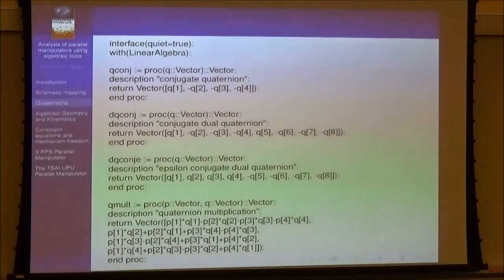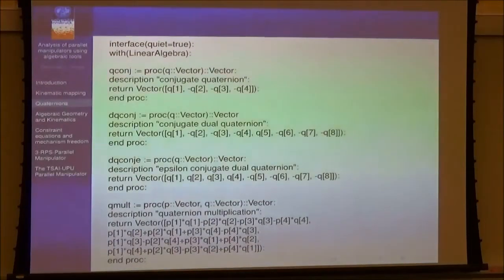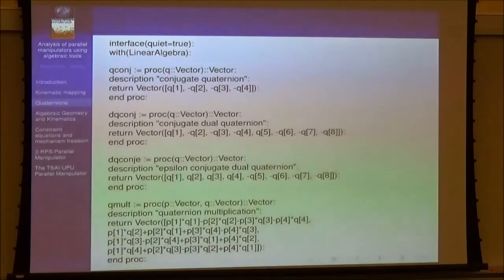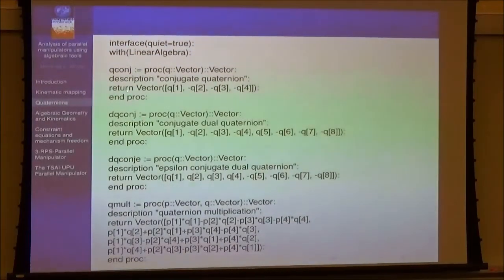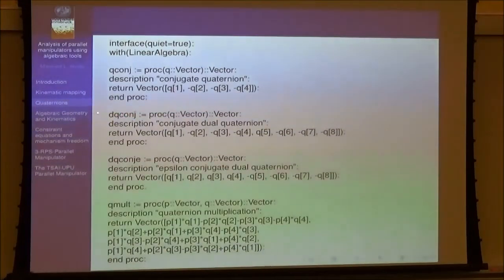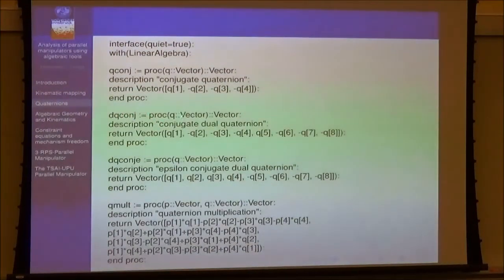This is just referring to what I will provide to you. This is what is behind in this loaded package. For example, when you have this interface, quiet is true, so you don't see what is loaded. For example, you have the dual quaternion. It's a procedure. Q is an 8-dimensional vector. It is the conjugate dual quaternion, and you see the minus signs, they appear here where the epsilon is.